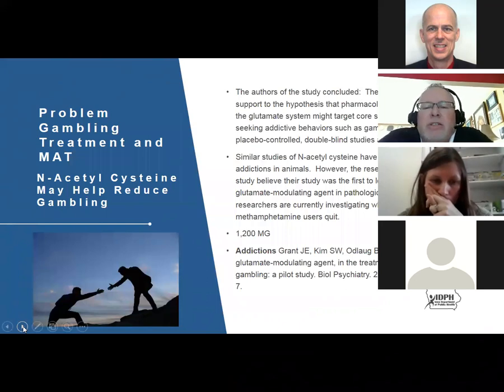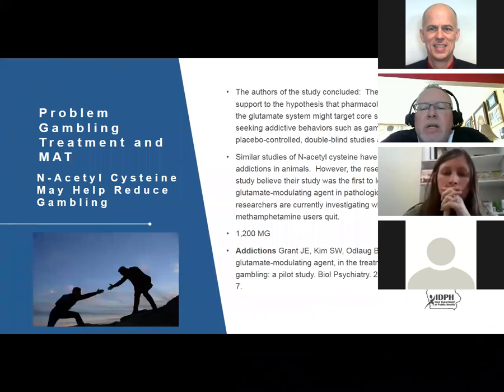I recommend that the clients buy this, and it's about $7 to $10 for 30 days of this NAC. You can get it at the Hy-Vees and at the health food stores. I recommend that they take NAC because this study was 1,100 milligrams, but at the health food stores you can only get them in 1,200.